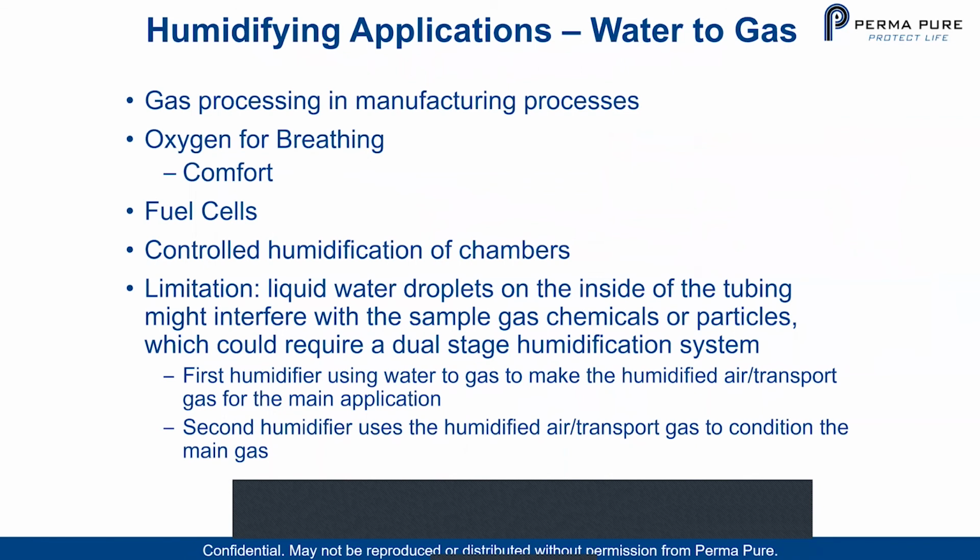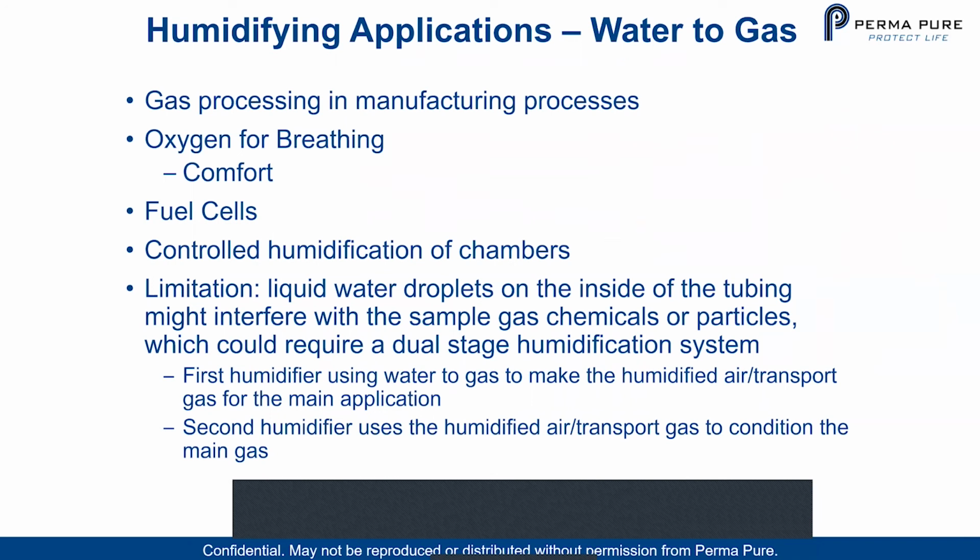Let's look at some humidifying applications for water to gas: processing and manufacturing processes, oxygen for breathing and comfort. We have extensive experience with some of these applications. Also fuel cells, and controlled humidification of chambers.